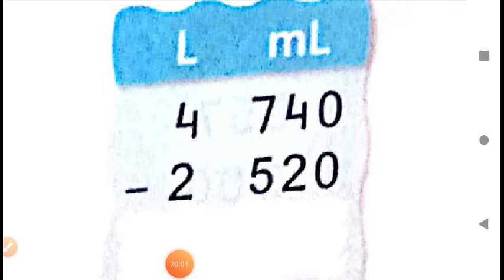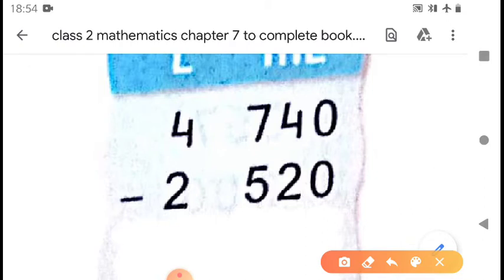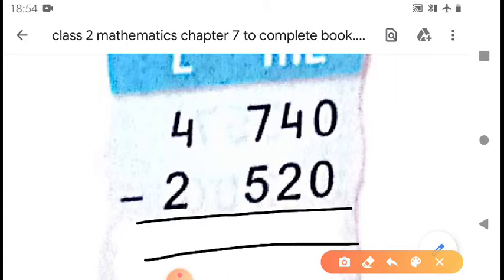Now next is 4 liter 740 milliliter minus 2 liter 520 milliliter. Okay. Now subtracting 0 from 0.